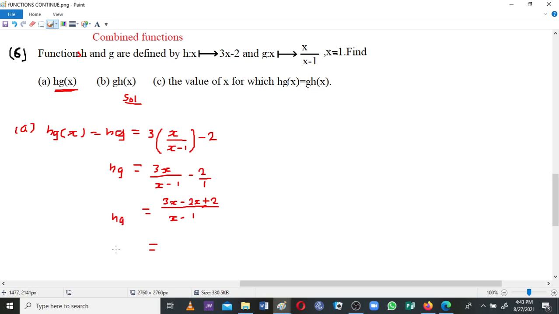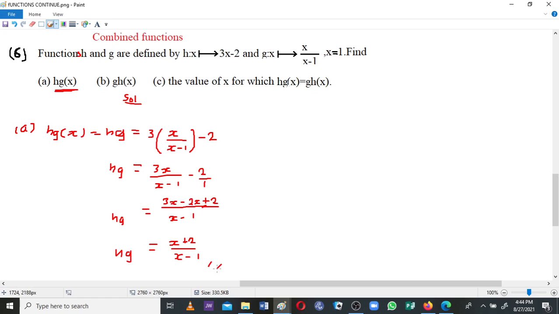If you perform your subtractions, you're going to get x plus 2 over x minus 1, right? So this is what you are getting.